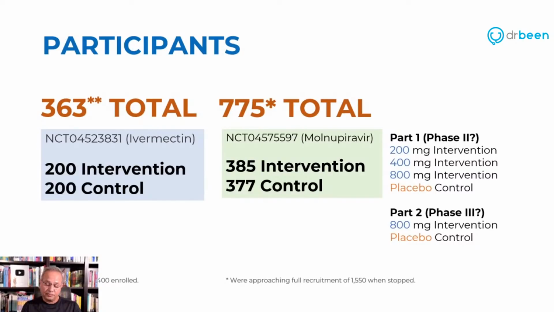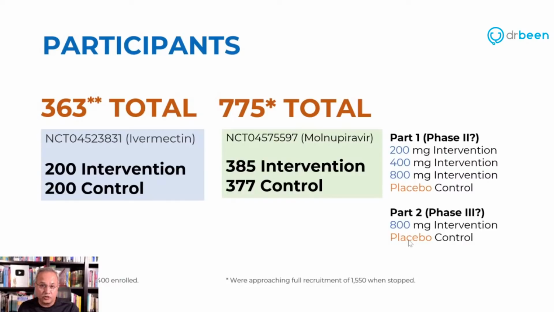Then, based on the phase 2, take another chunk from this number, or maybe the phase 2 part. I'm going to do a number which is just me making a point. This is not the number I know from the data. Let's say out of 775, there were 400 people selected to go over in these 4 groups. So 200, 400, 800, and placebo, all 100 people each.